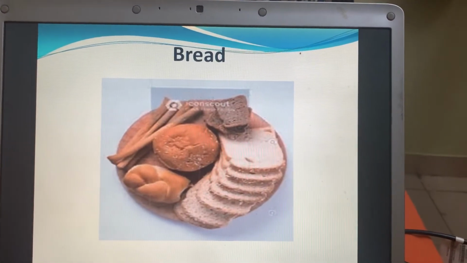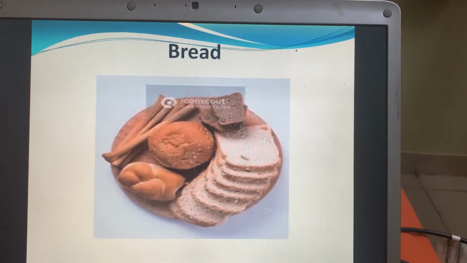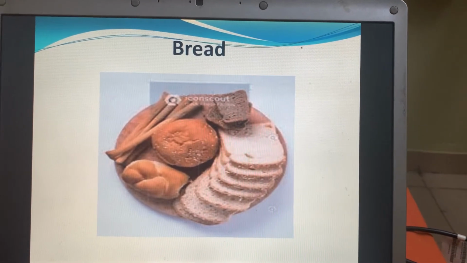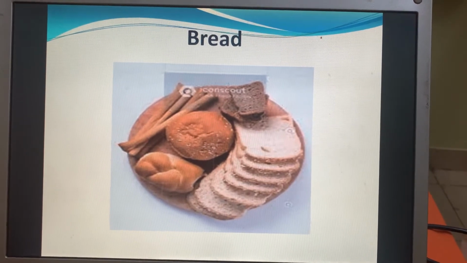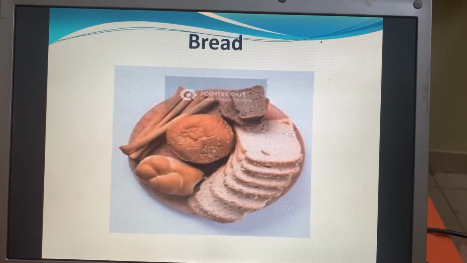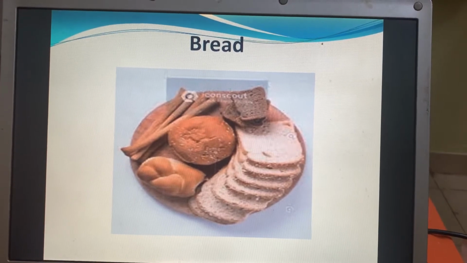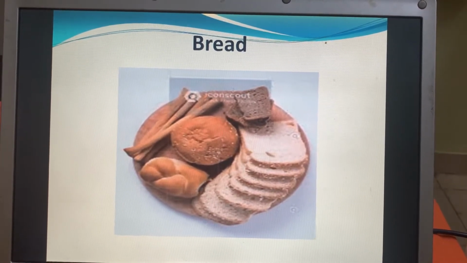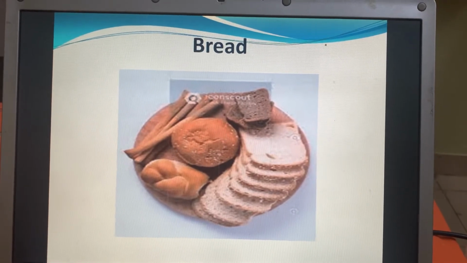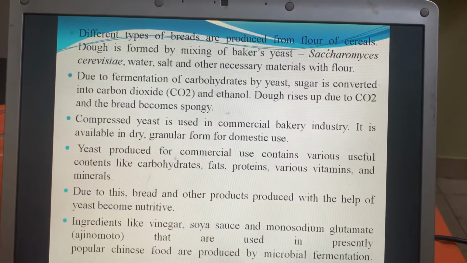The next topic after probiotic is bread. We all are aware of bread, but did you know that microorganisms are responsible for making bread? Let us study as to how microorganisms work and how fermentation takes place during the process of producing bread.